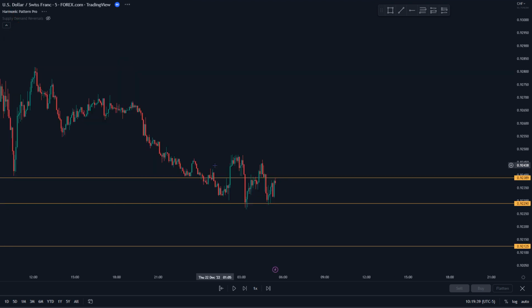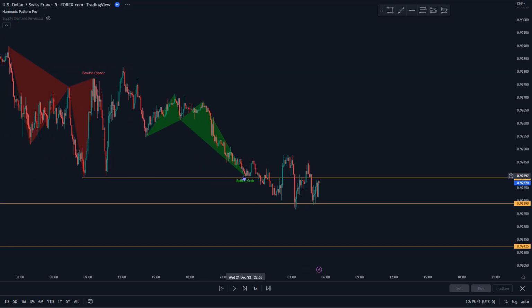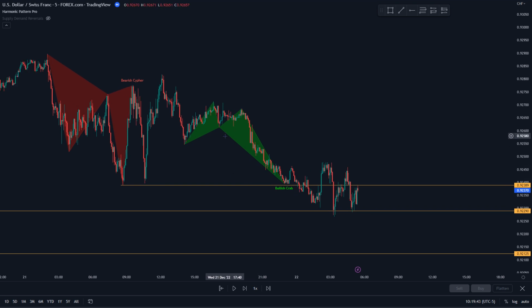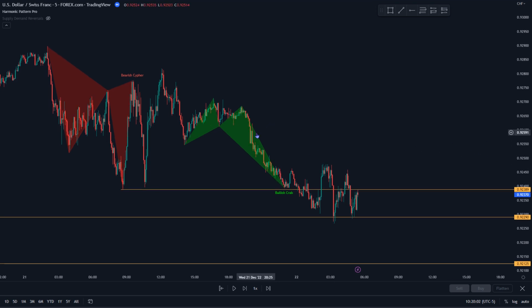As we go to the 5-minute, this is what I want to point out as far as filtering out the noise. We do see this bearish one does not really play out. It almost takes the low, but not quite, before reversing. And then we see this bullish crab form. But again, we're filtering this out.